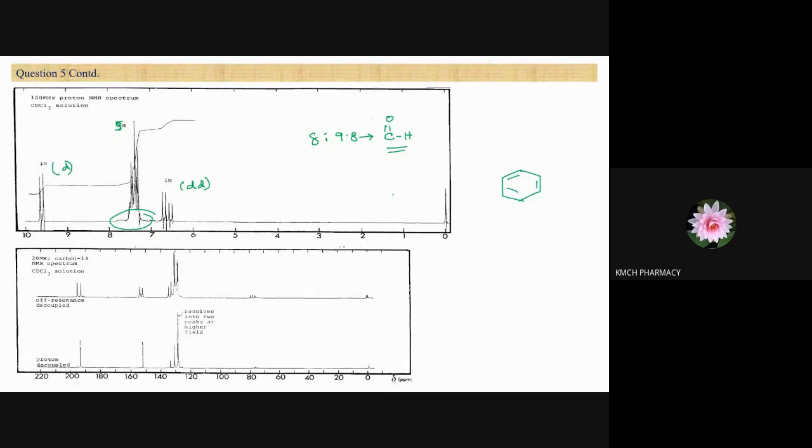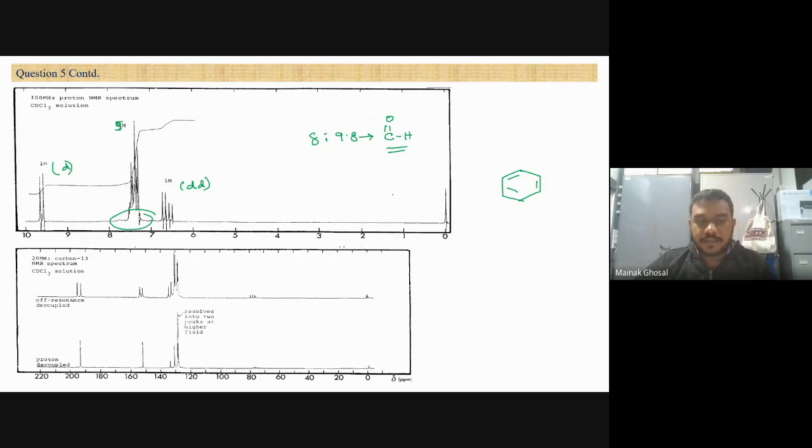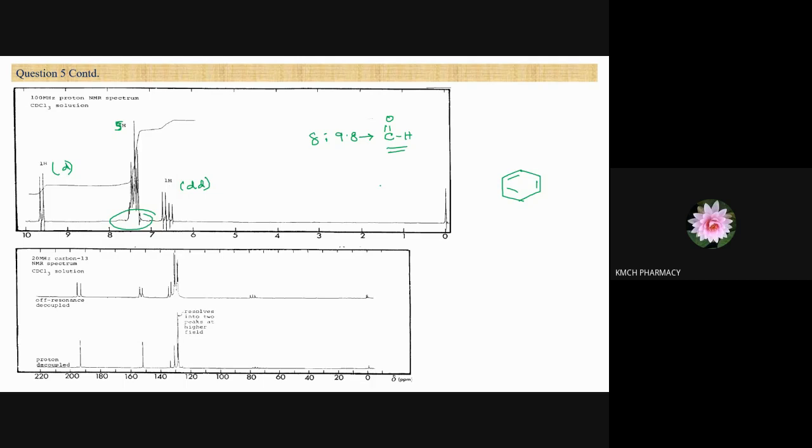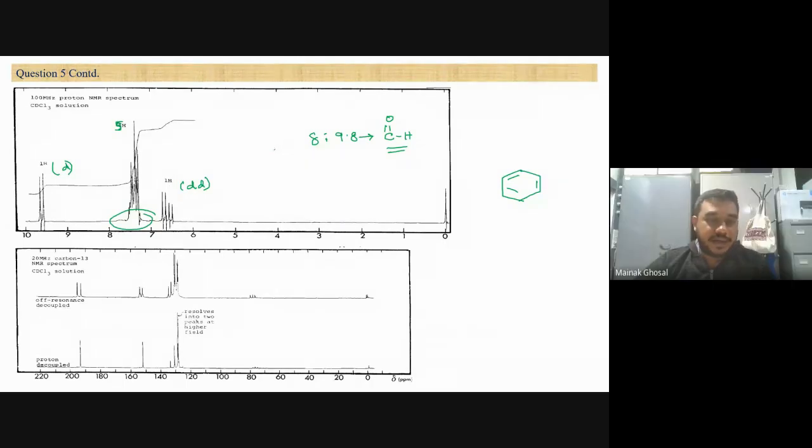That is what he has given in the lecture. That is also possible. What to write in this case? Whether to write 6 protons or 5 protons here? From here you need to assign which kind of peaks could be possible. Here you will see 5 hydrogens, and you can see another hydrogen that is also possible. So you just assign that this hydrogen is for this one, and this hydrogen for this one.